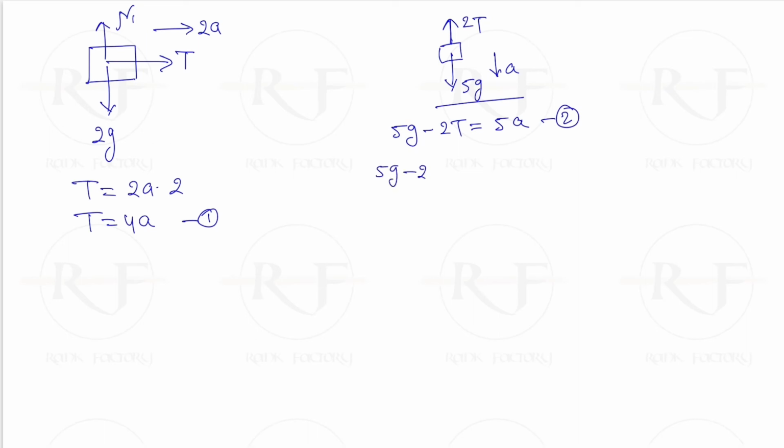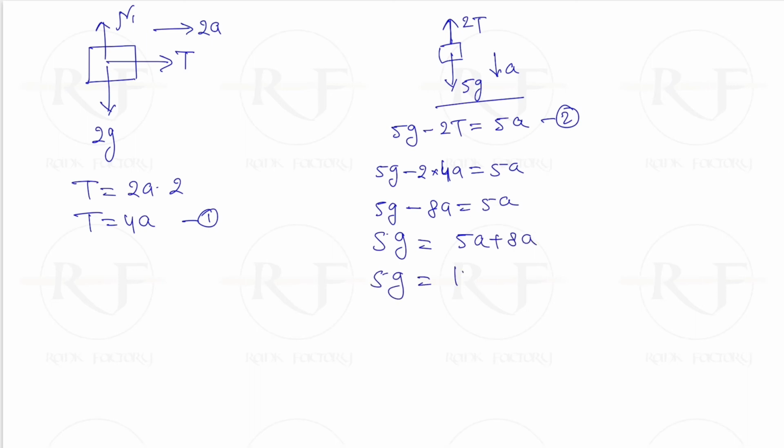5g minus 2 times 4a equals 5a. So 5g minus 8a equals 5a. So 5g equals 5a plus 8a. Now 5g equals 13a.